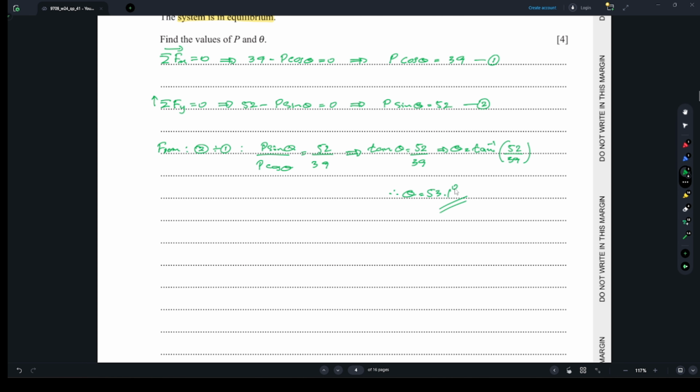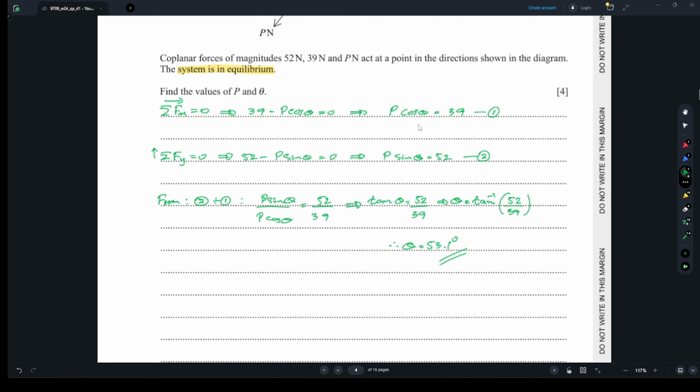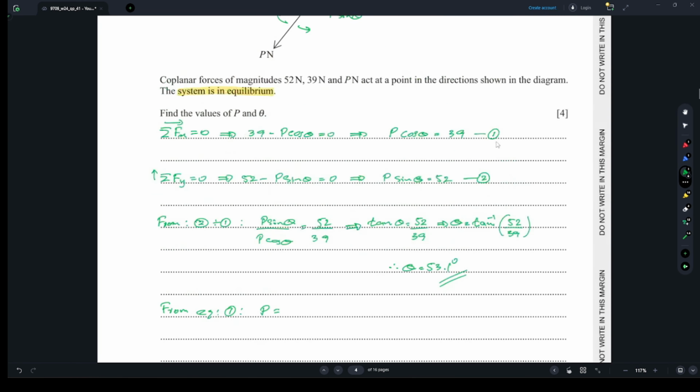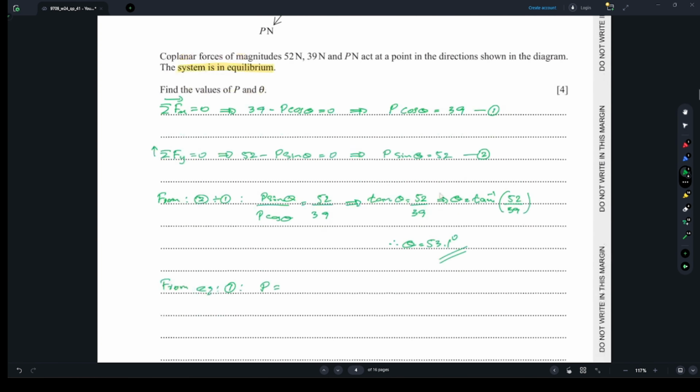Okay, so now you know theta, and so you can use either equation 1 or 2 and calculate the value for p. So I will take just equation 1. From equation 1, p equals, here cos theta I should bring to the other side.